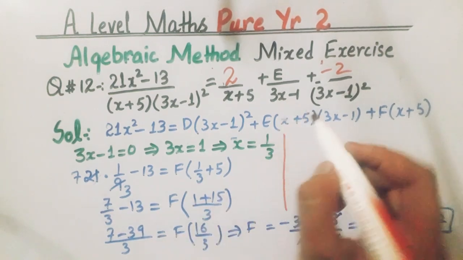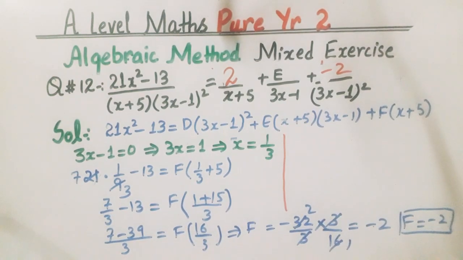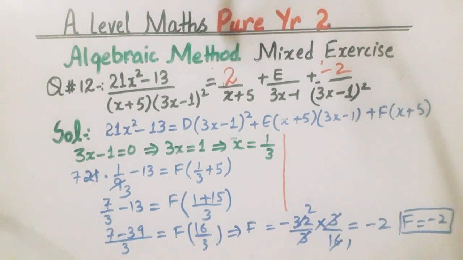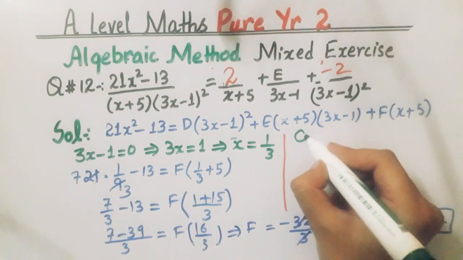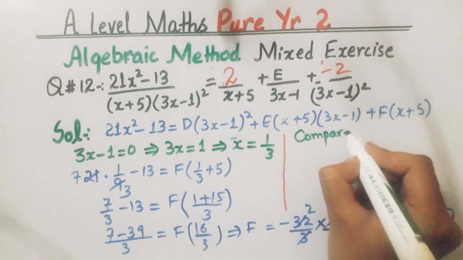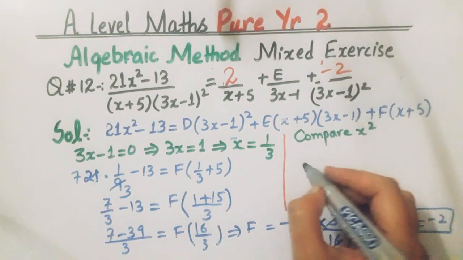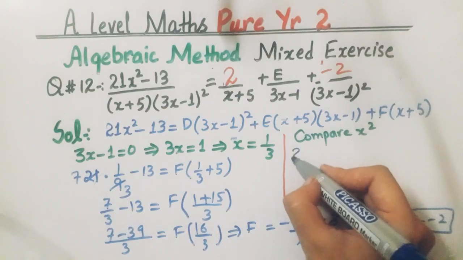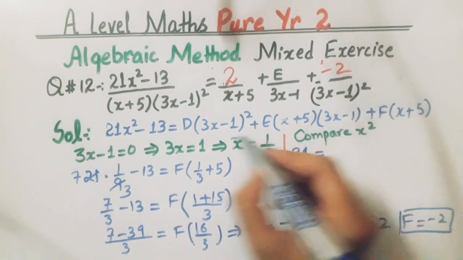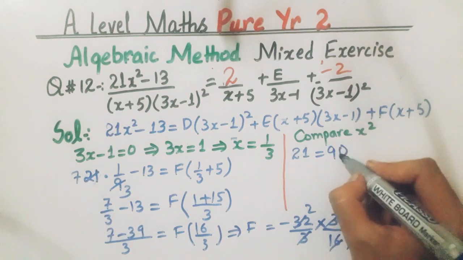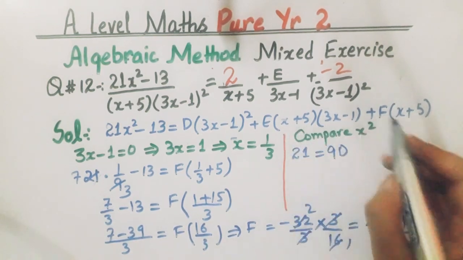Now to find the value of e, we will do the comparison. So comparing the terms in x square, write this here. Compare x square values. So x square values are 21 on the left hand side, and on the right you have 9x square, so it means 9d, and also in the e term you will get 3e.